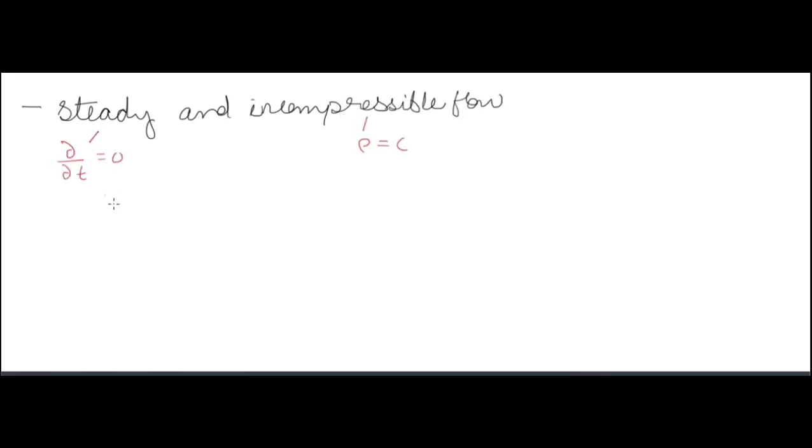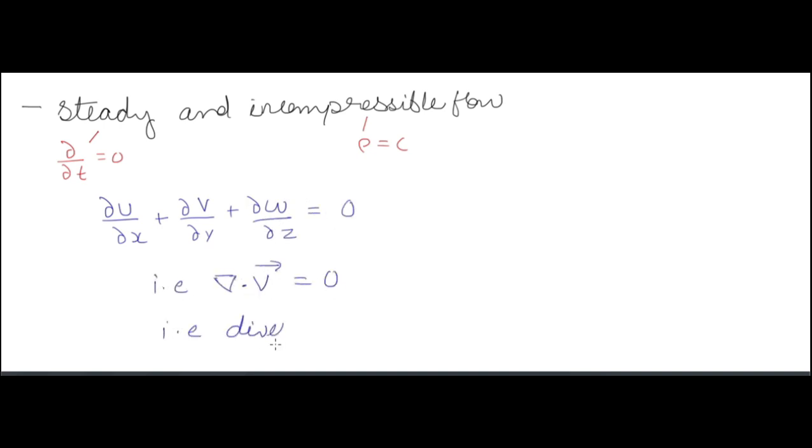Now study incompressible flow, the same generalized equation. We write the generalized equation once again. It's a steady flow, so the change-in-time term is zero, and incompressible flow means density is also constant, so the density terms come out of the differentiation.